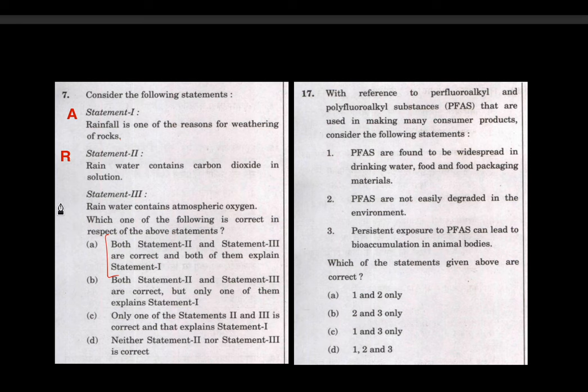That means both the reasonings are there. One is false, one is true, and only one. The fourth option is saying neither statement 2 nor 3 is correct. Now this is a highly improbable option, because UPSC won't be giving 2 statements incorrect right away.